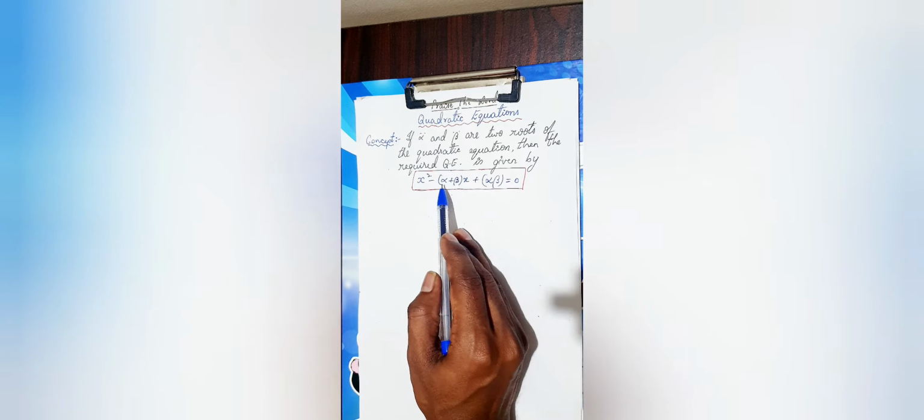That is x square minus sum of the roots into x plus product of the roots is equal to 0. It is as simple as this. He will give you two roots, and he will ask you to find the quadratic equation. Let's take an example to understand this concept clearly.